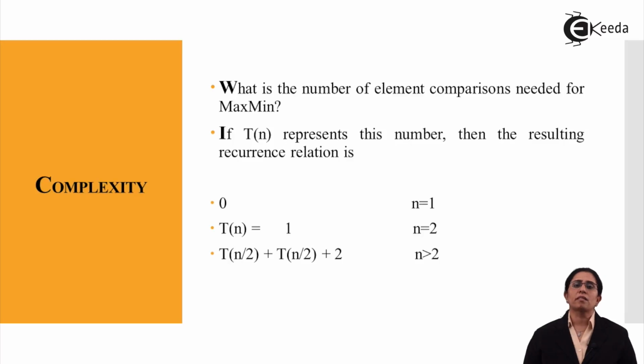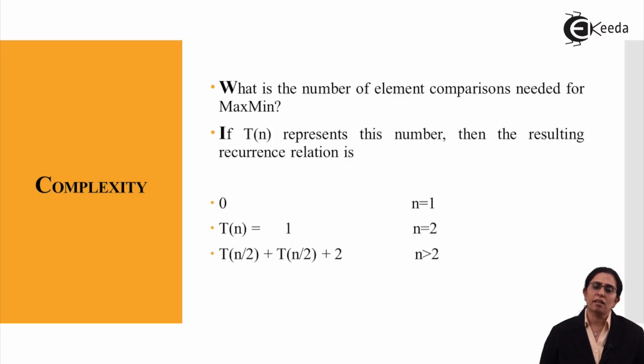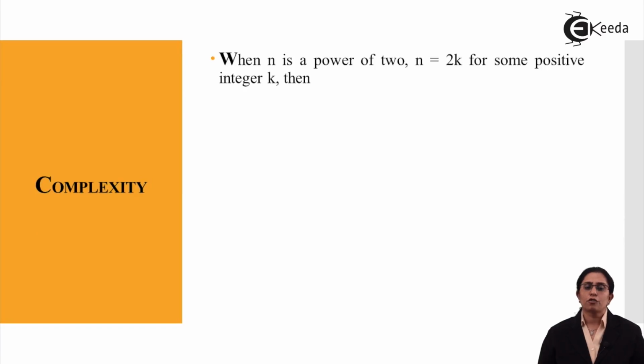T(n) represents the time complexity of my algorithm. The time complexity is 0 when there is a single element, time complexity is 1 when the elements are 2, and it goes on if the number of elements are greater than 2.